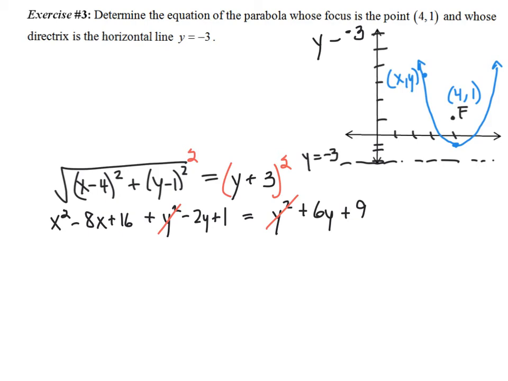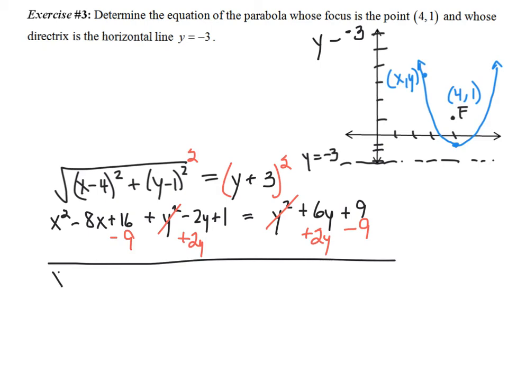getting my y's on one side of the equation, let's add 2y to both sides. And I think all at once I can subtract 9 from both sides. It doesn't matter where I subtract that 9 as long as I'm moving it to the left. So I now have x squared minus 8x, and that gives me a plus 8 when I combine all of the constants, equals 8y on the right.